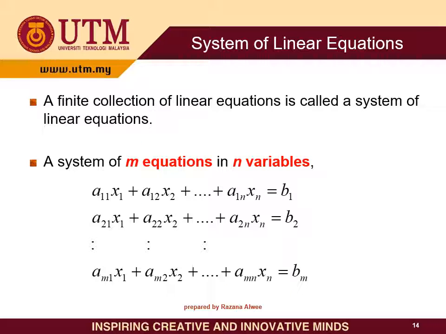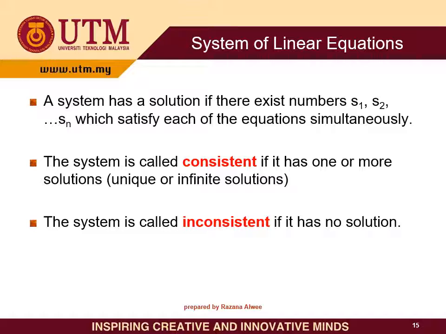What is a system of linear equations? It is a finite collection of linear equations, and it is a system of m equations in n variables. The system has a solution if there exists a set of numbers S that can satisfy the equations simultaneously.